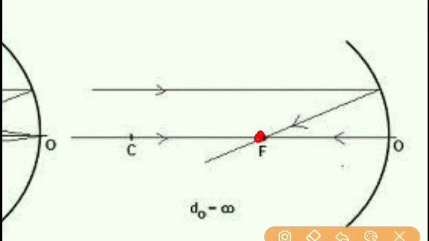A special word used is diminished. So it is clear that when the object is at a far away distance, its image is formed at the focus and its size is point sized.